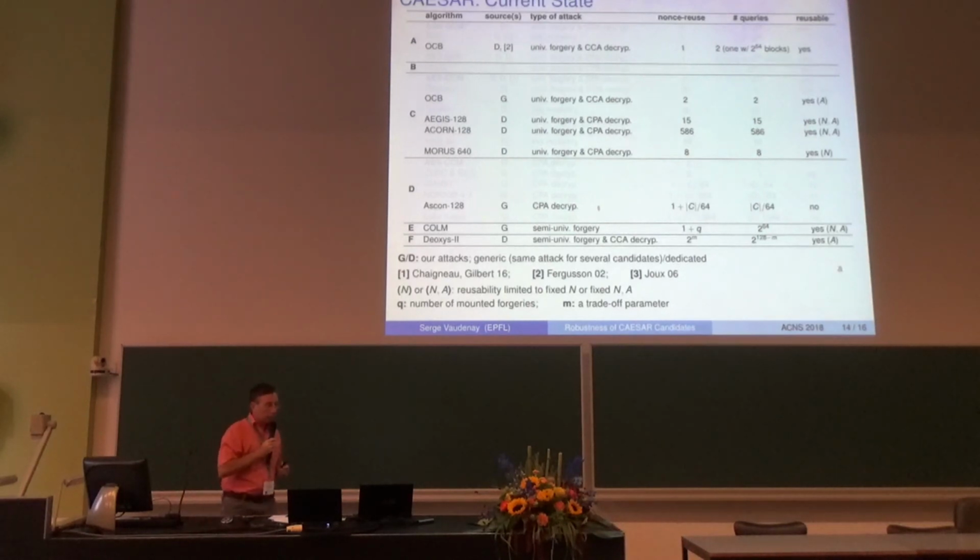So we have removed some algorithms with problematic robustness, but we still have some more. So normally we should announce the final portfolio of CAESAR very soon, and now we will have to decide which one to keep in this list of finalists.